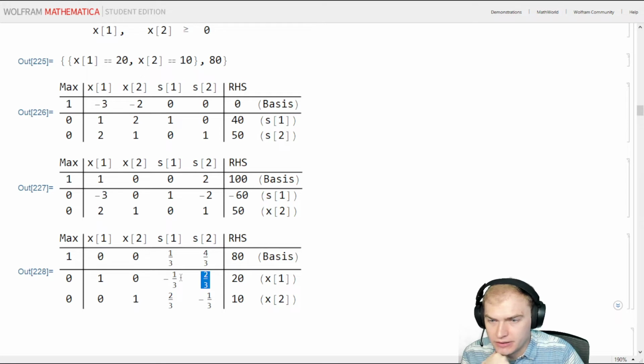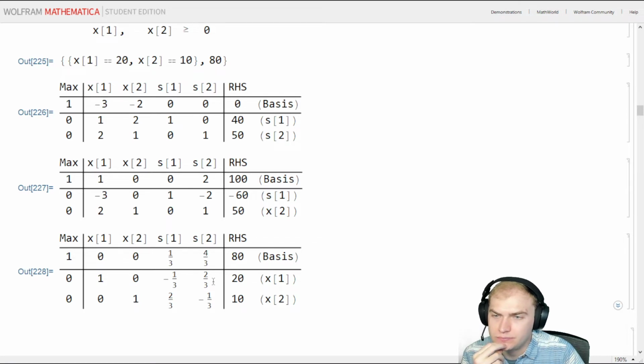Right, we divide this row by 3, to get this row. And then we subtract this row from this row, or this row from this row, which would get us 4/3. Because 2 is 6/3.